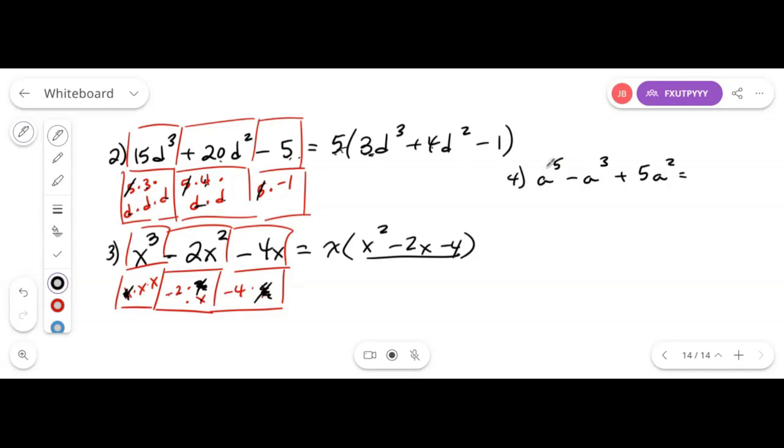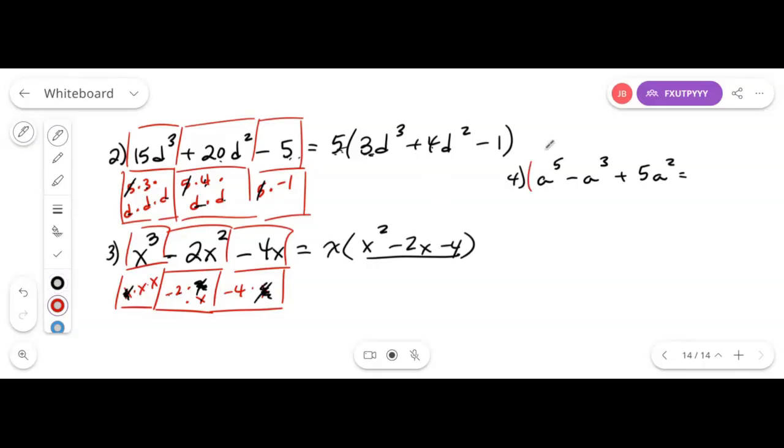Five flowers in this box, 3 flowers in this box, 2 flowers in this box. I have to take the same number of flowers out of each box. It's not 1, it's 2. And it's not 2a, it's a squared.